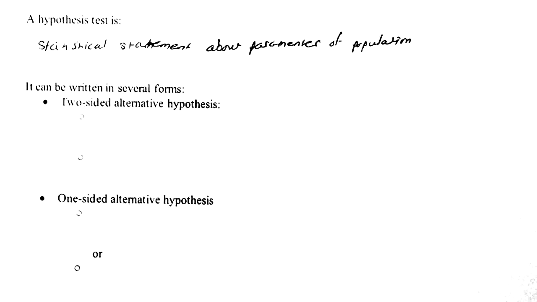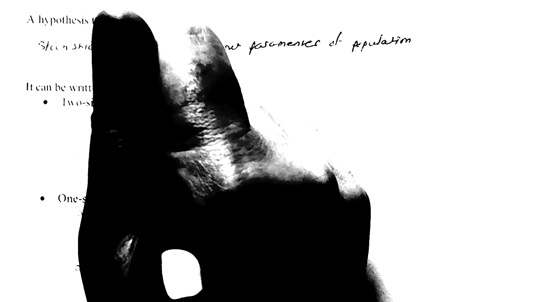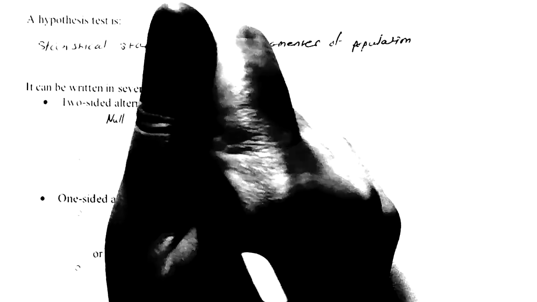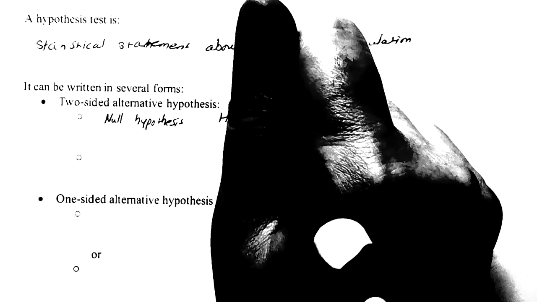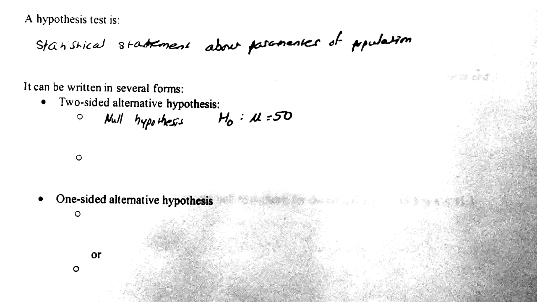We can write a two-sided hypothesis, which would say that our null hypothesis, and that's our correct verbiage here, is a null hypothesis. And we give that in the form of H naught or H0. And we're going to say that there's a mu, a mean, set equal to a certain number.